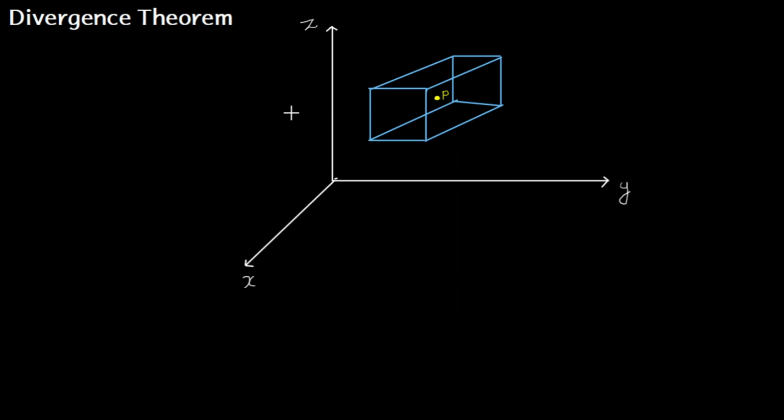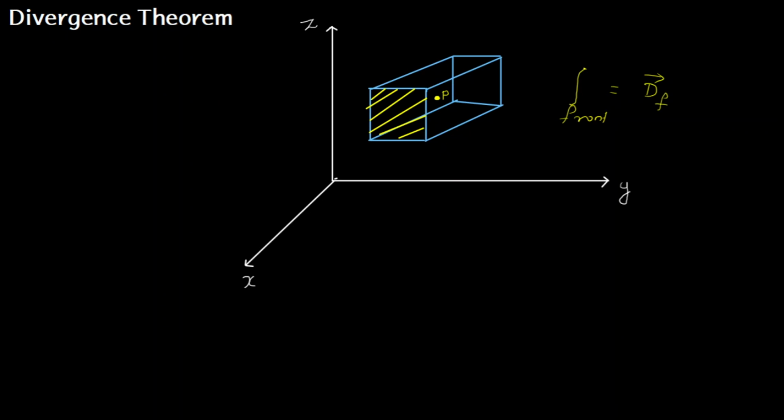So let me start evaluating the D vector through each surface. First I will consider the front surface. So this is the front surface. The value of D dot dS over the front surface can be evaluated as D front, that is, the flux density coming out or diverging out through the front surface.